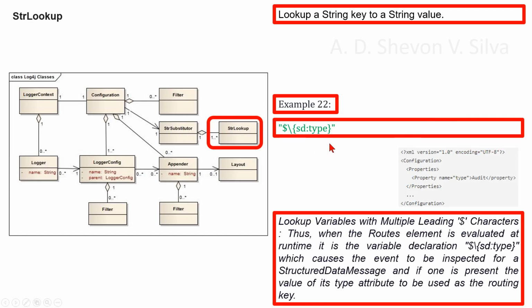Now we are considering lookup variables with multiple leading $ sign characters. An interesting feature for StrLookup processing is that when a variable reference is declared with multiple $ sign characters, each time the variable is resolved, the leading $ sign is simply removed.